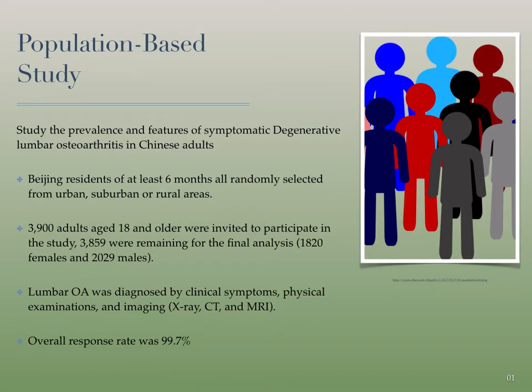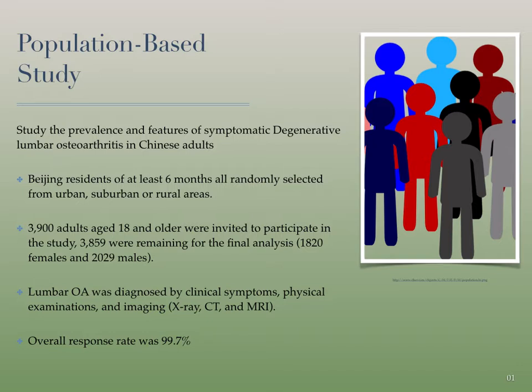So the journal that I looked into was a population-based study on the prevalence and features of symptomatic degenerative lumbar osteoarthritis in Chinese adults. All the participants were Beijing residents of at least 6 months and all randomly selected from urban, suburban, and rural areas. There were 3,900 adults aged 18 and older invited to participate in the study, of which 3,859 remained for the final analysis.